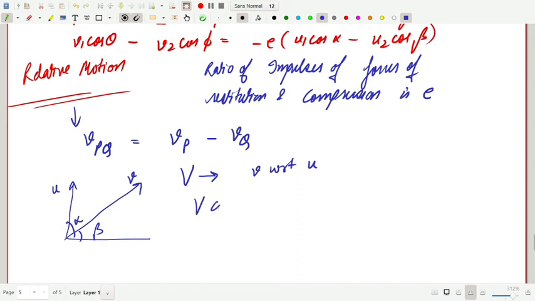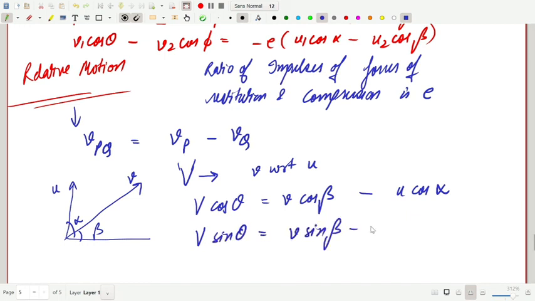So we get V cos theta, where theta is the angle which the relative velocity makes. The one with respect to which we want goes with a minus sign, so V cos beta minus U cos alpha, and in the perpendicular direction V sin theta is equal to V sin beta minus U sin alpha. These two equations, by squaring and adding we can calculate the relative velocity, and by dividing we can calculate theta.